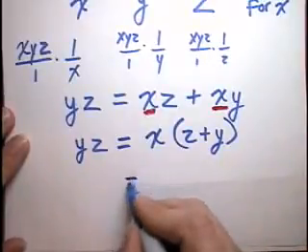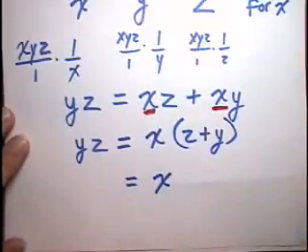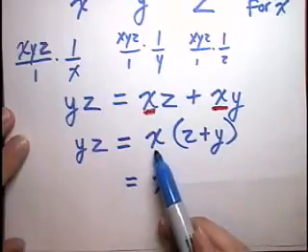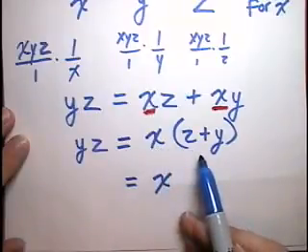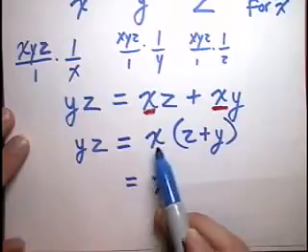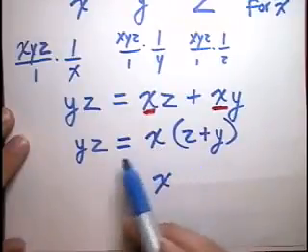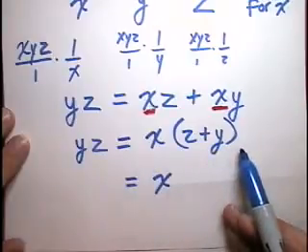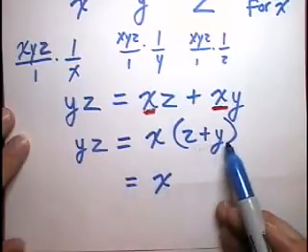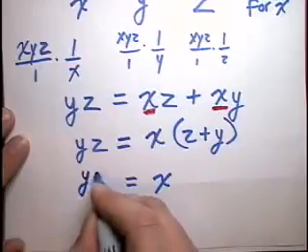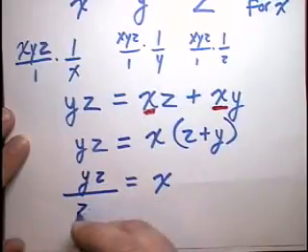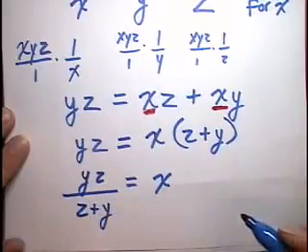Now how can I get the x to be on the right side by itself? How is the x connected to this quantity in parentheses? X is being multiplied by the parentheses. So what I can do is divide both sides of my equation by z plus y. So take yz and divide it by z plus y.